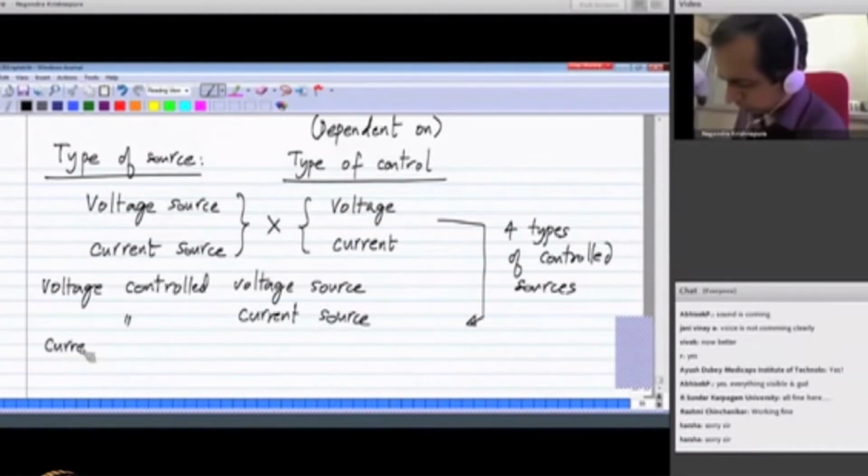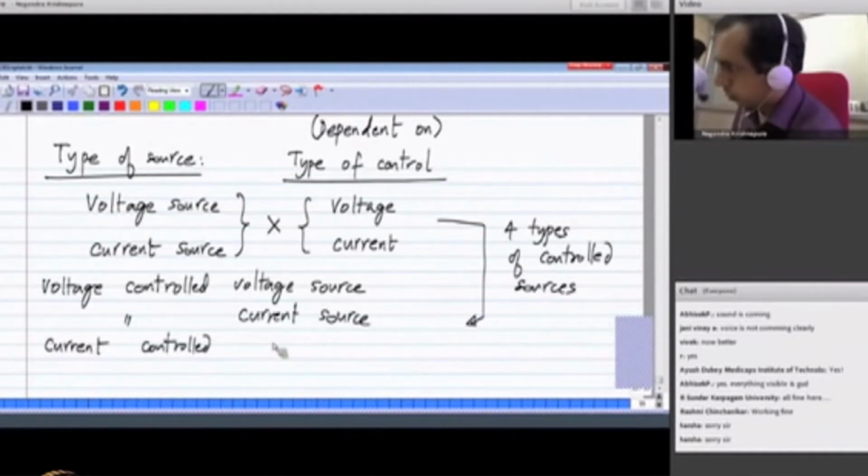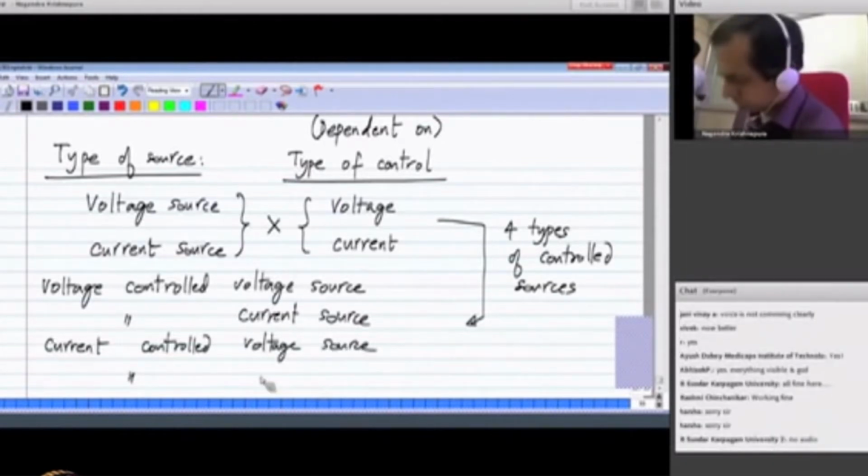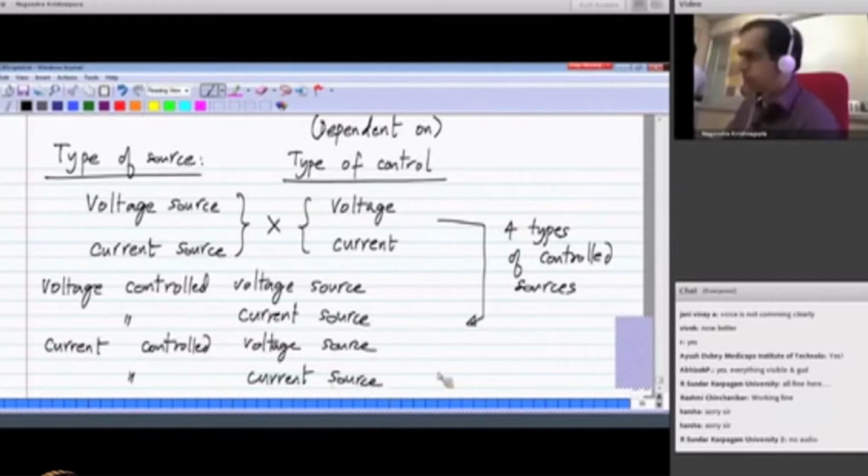Similarly, we can have a current controlled voltage source and a current controlled current source. Okay.